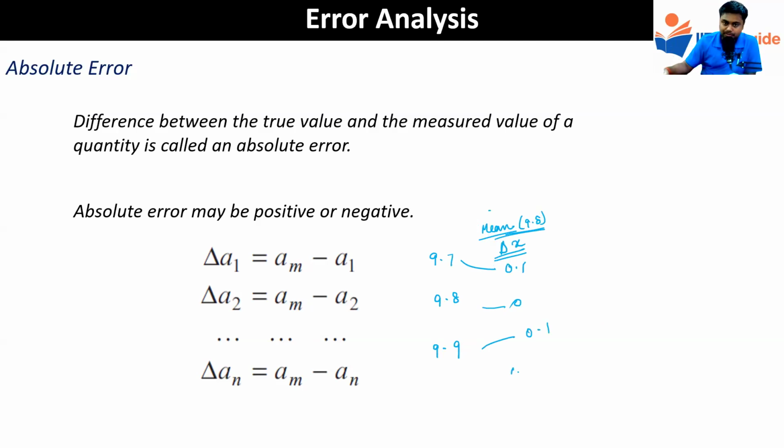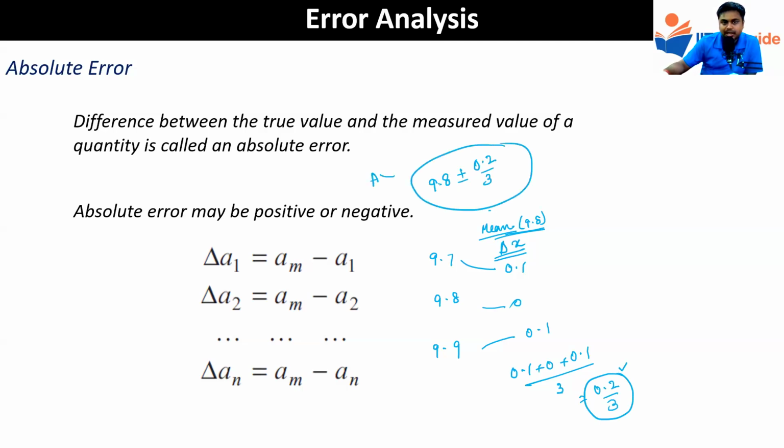Now the average of the deviations of the values is 0.2 upon 3. Therefore, the acceleration due to gravity will be reported as 9.8 plus minus 0.2 over 3.